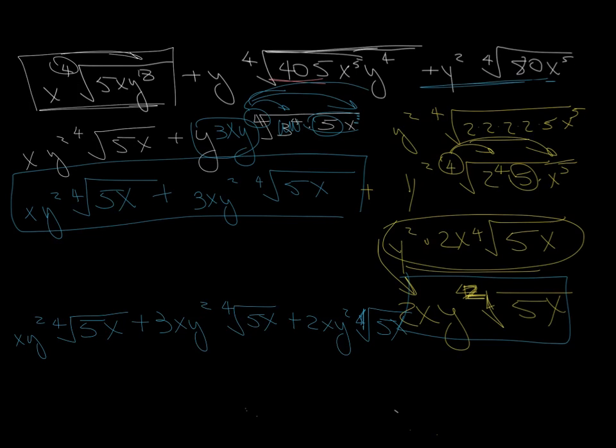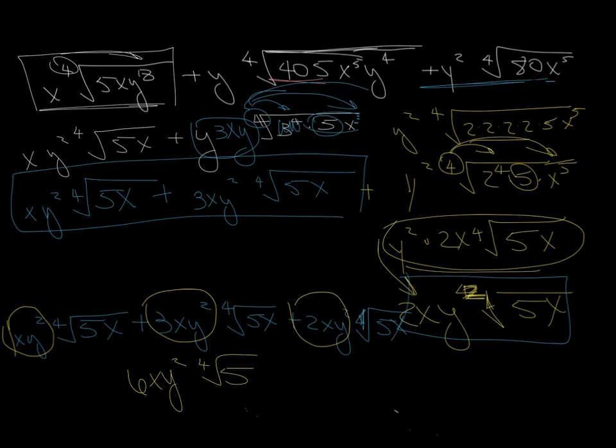Alright, now I'm going to take this, this, and this and add it. And I can do that because they all have xy squared. So 1xy squared plus 3xy squared is 4 plus 2 is 6. And then the 4th root of 5x doesn't change. It just kind of drags along with you. Alright, so anyway, all of that, and that ends up being our answer.